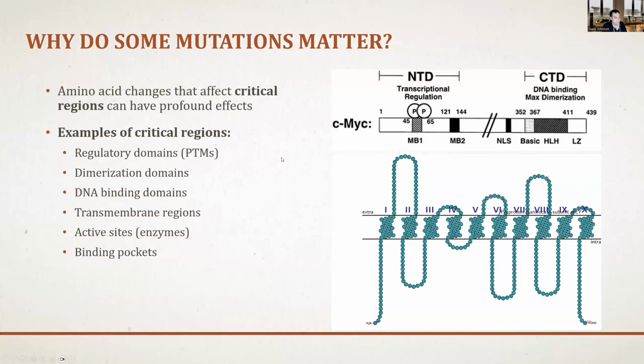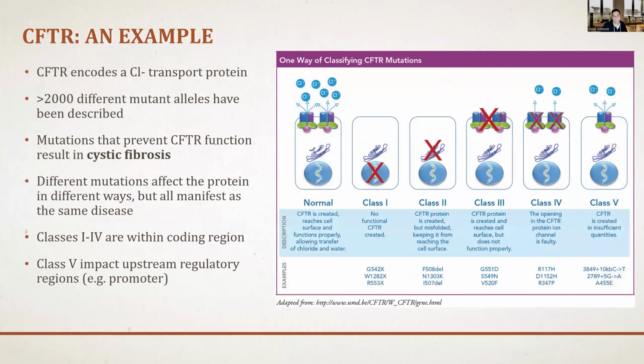So let's look at an example or two. The first one, CFTR. CFTR is the protein that is mutated in cases of cystic fibrosis. There are a bunch of different mutations that happen here, okay? And what they've done through research on cystic fibrosis is created different classes based on how the mutation impacts the protein.